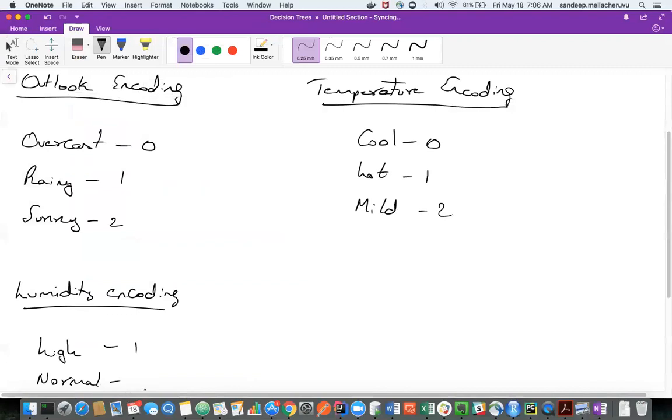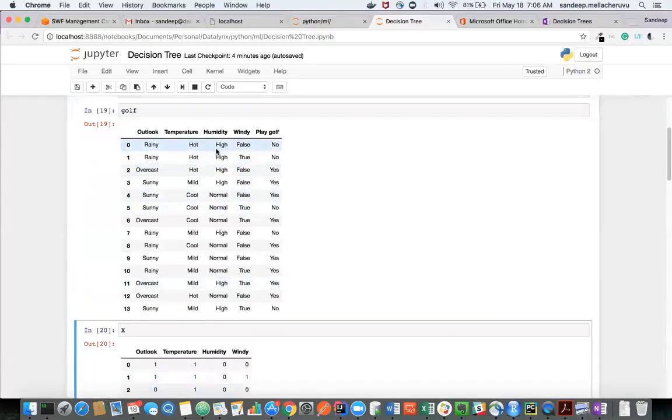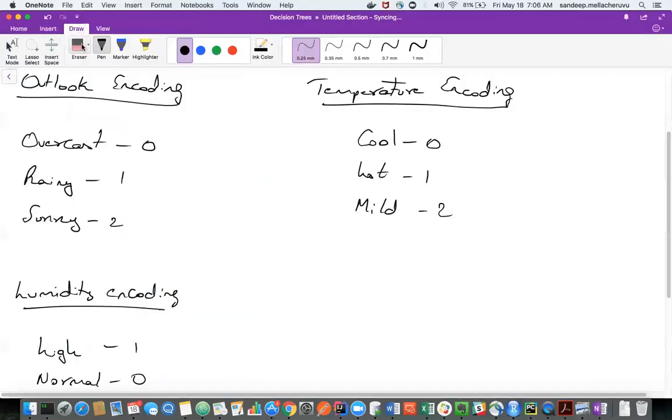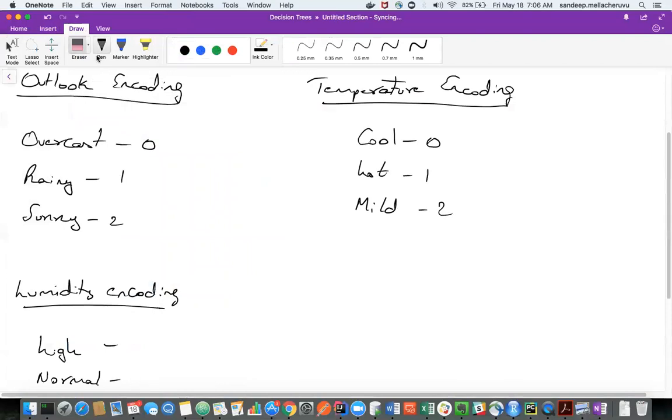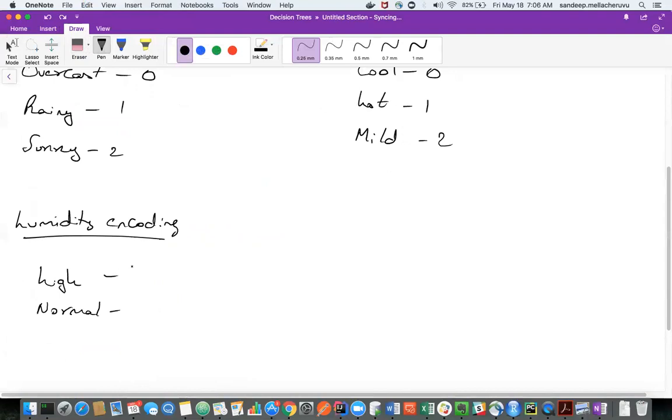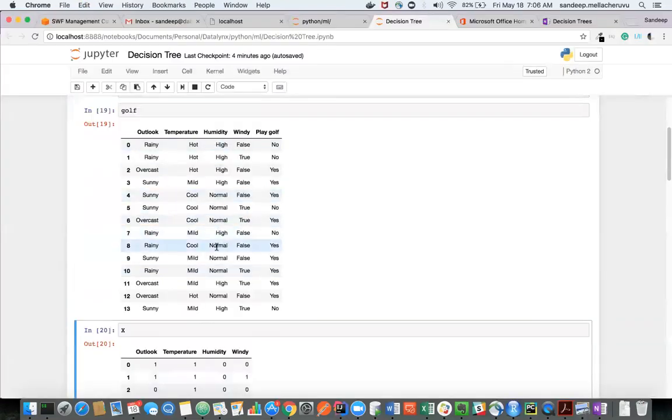Sandeep, is it right? High is 0. Yeah, that's right. That's why I told you to do this, because it will take a lot of time for us to solve in the class. High is 0 and normal is 1.